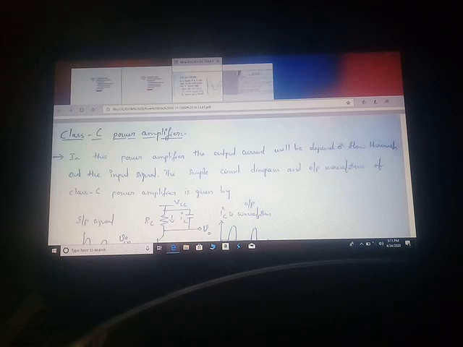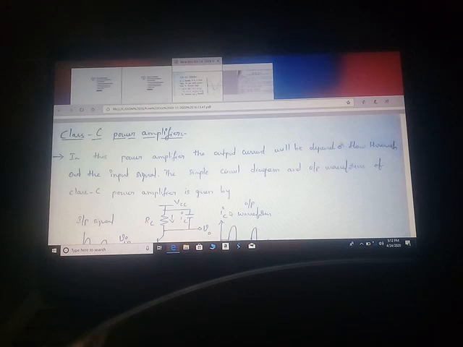In the previous lecture we have discussed about Class A power amplifier, Class B power amplifier and Class AB power amplifier. So whenever you are taking any of these amplifiers, that is Class A or Class B or Class C, the parameters are different and the variations of the parameters are also different.